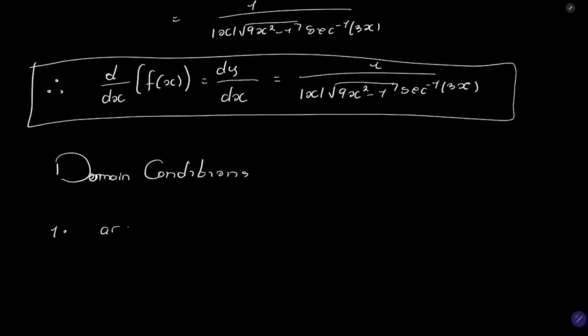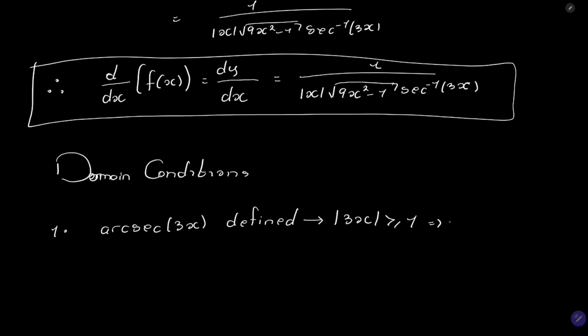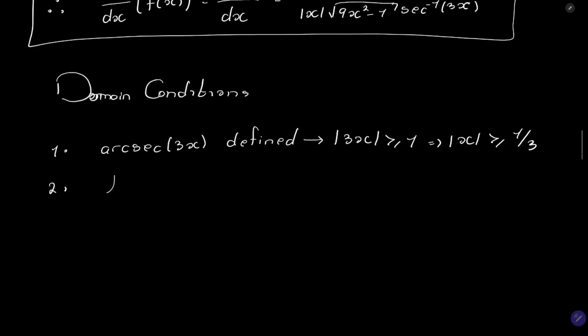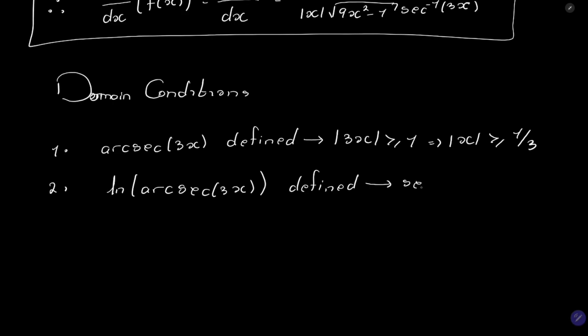We start with one. Arc sec of 3x is defined, or it's valid, for absolute value of 3x greater than or equal to 1, which implies that absolute value of x is greater than or equal to 1/3. Now, ln of arc sec 3x is defined for sec inverse of 3x greater than 0.